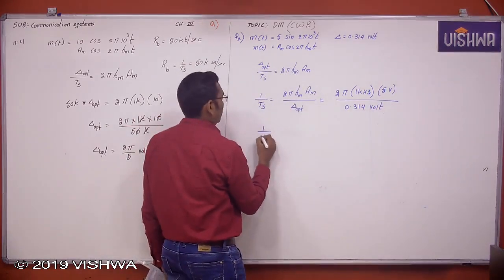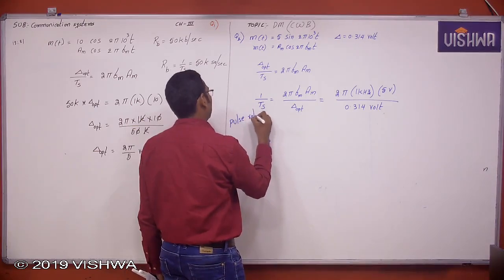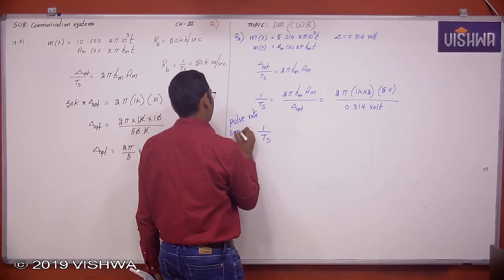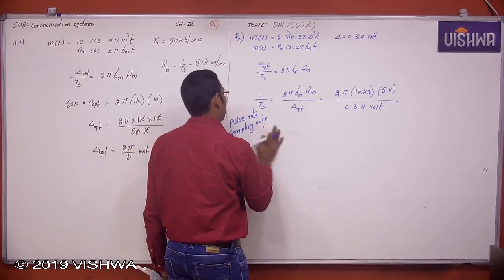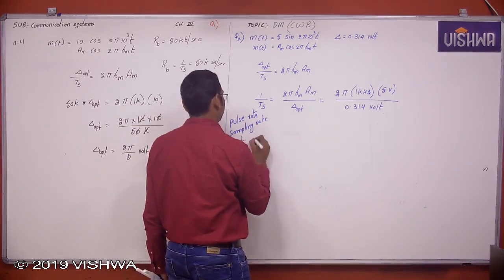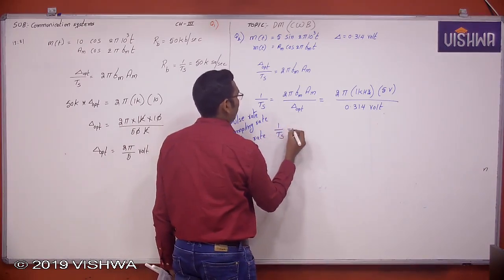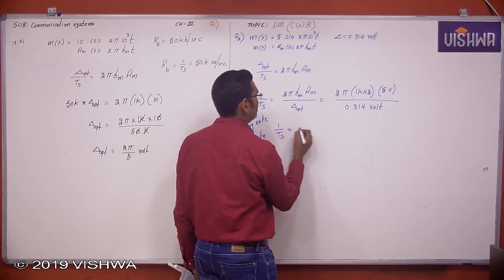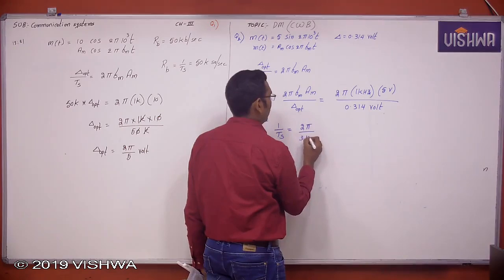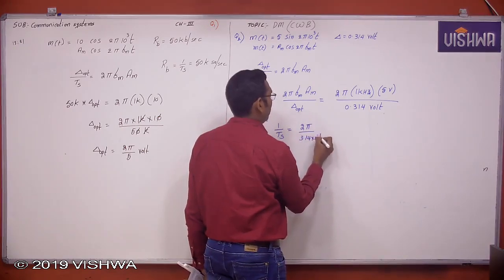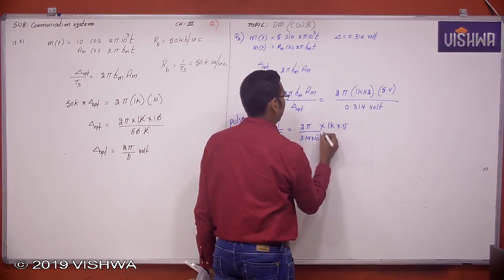Now this is the pulse rate, this is the sampling rate, and this is the bit rate. All are the same, which is equal to 2 pi by 3.14 into 10 power minus 1 into 1 kilo into 5.